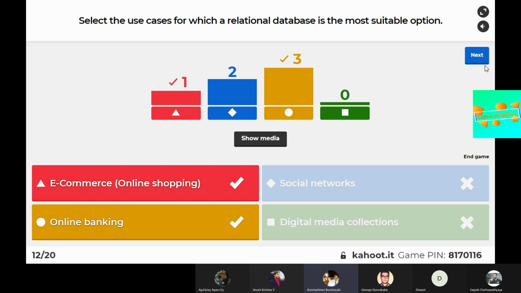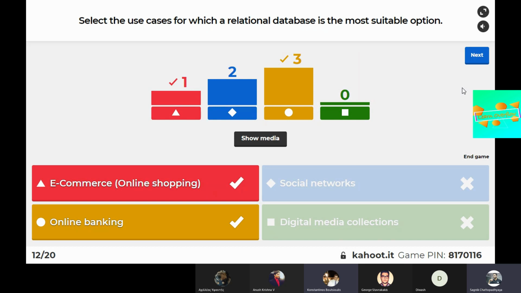In the social network we can use semi-structured data. For example, Facebook uses semi-structured data, and digital media collections use blob storages. Semi-structured, exactly. Exactly, blob storages. And the other two options are left out, that's e-commerce and online banking. Online banking is the best use case for relational databases.